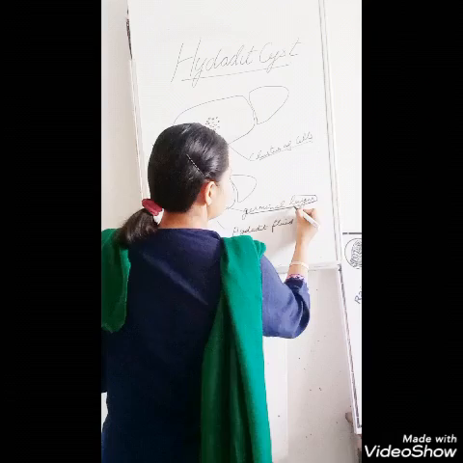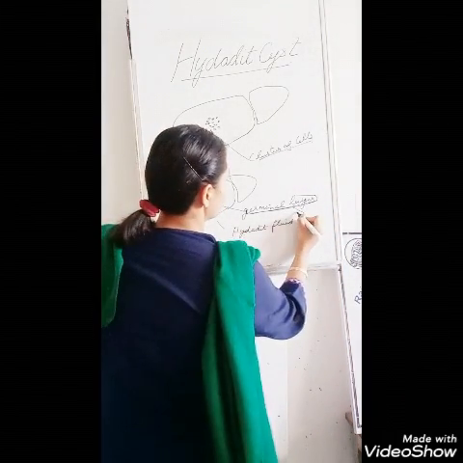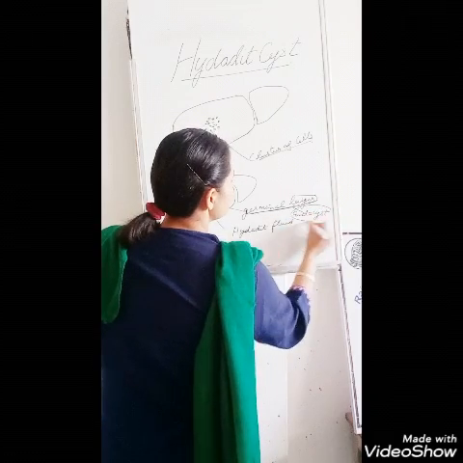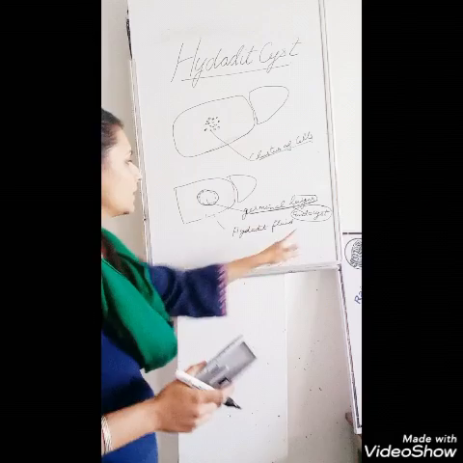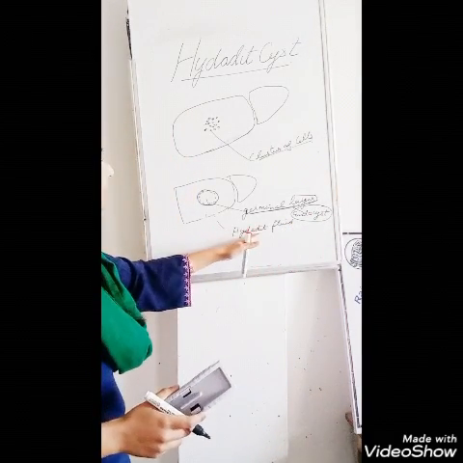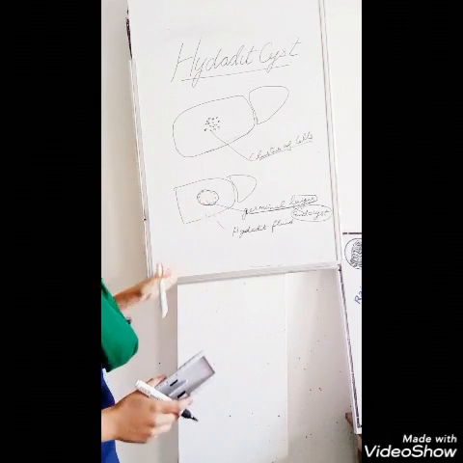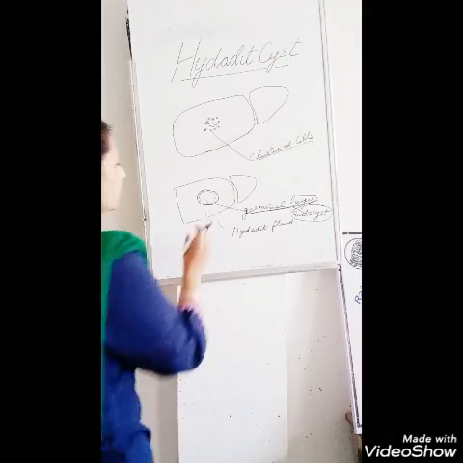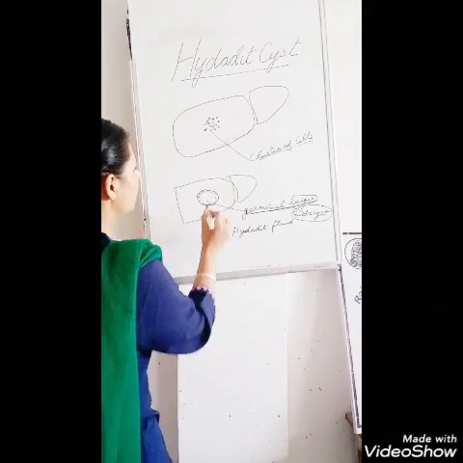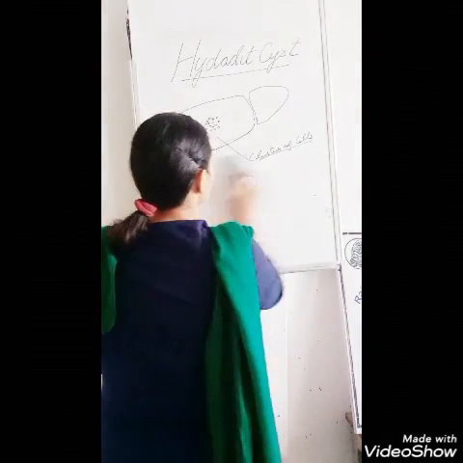This germinal layer is known as the endocyst. Now what happens? It will secrete the hydatid fluid inside. Now this germinal layer will keep growing on. Now what will happen?